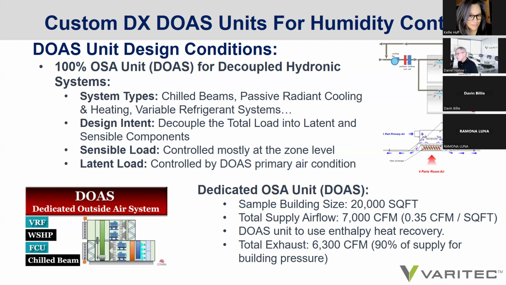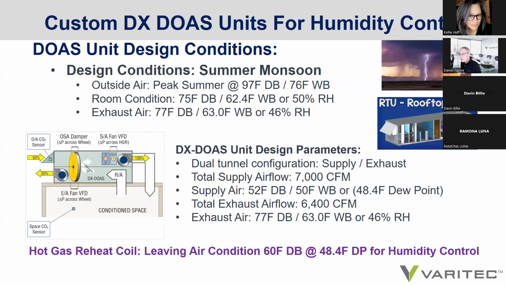You want to do that because it requires a lot more energy to provide fan energy in a mixed air system than it does energy required for pumps to move water, a more dense heat transfer medium, through a building. So let's look at a DOAS unit. One of the characteristics of this particular sample that we're going to look at is, again, a total of 7,000 CFM of airflow through the DOAS unit.